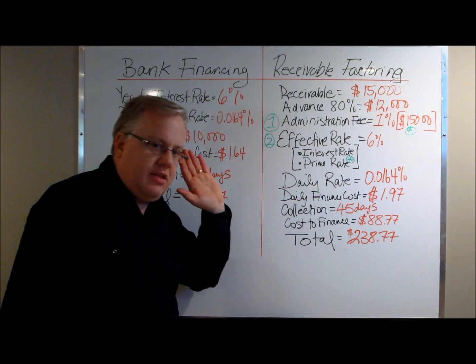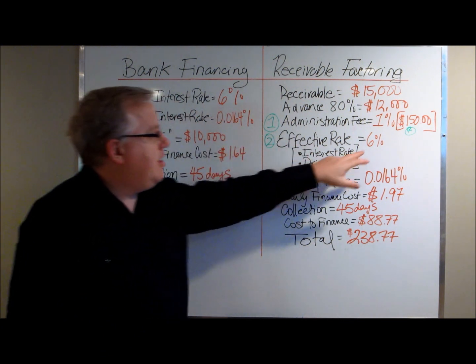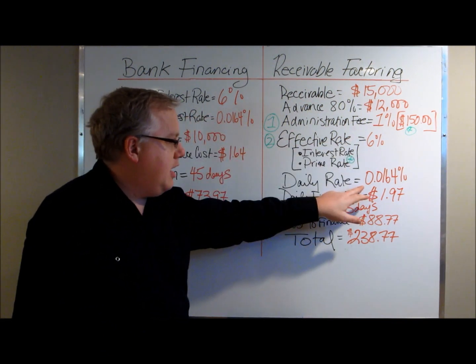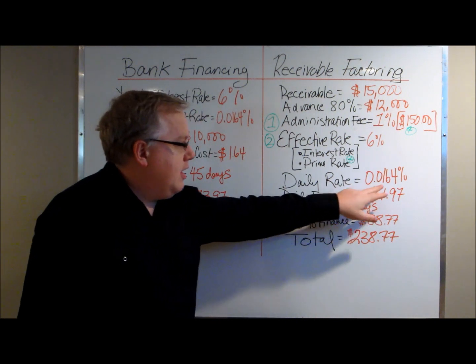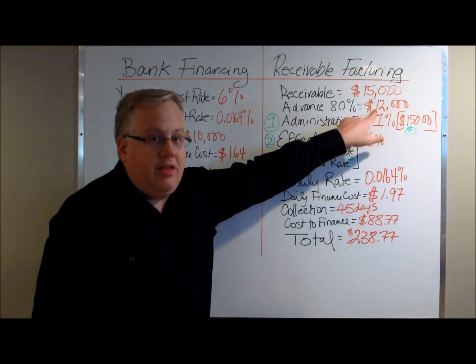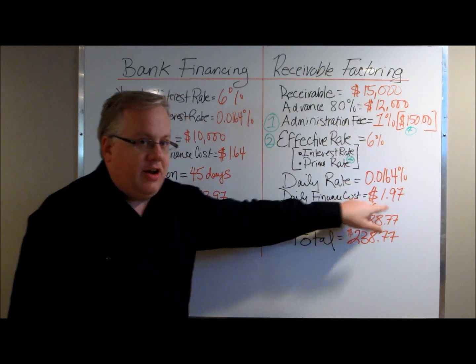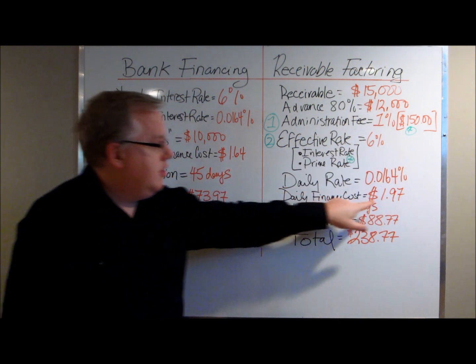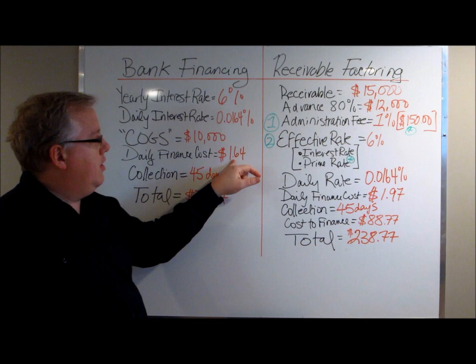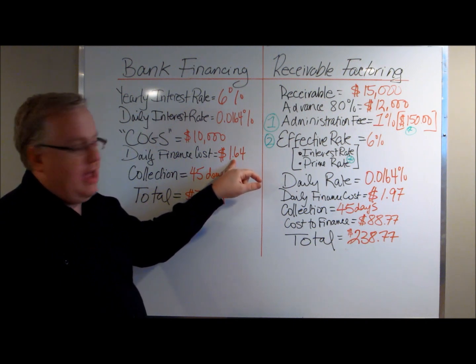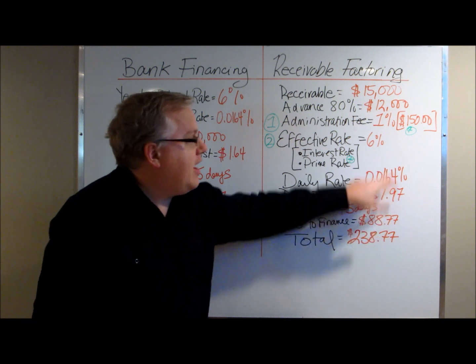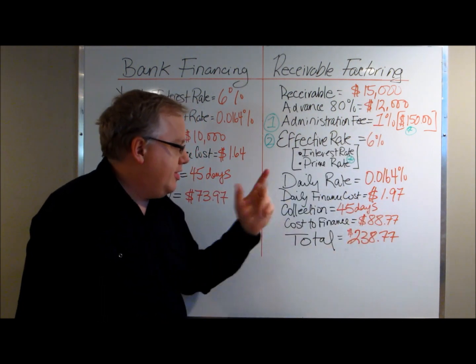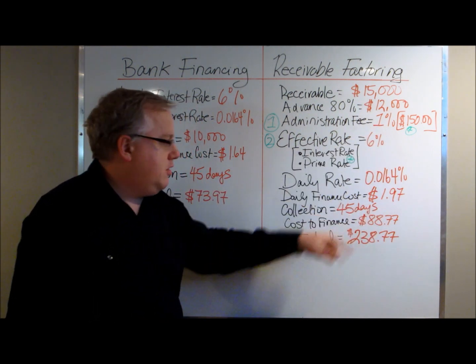We're just going to take the same assumption of 6%. Again, the daily rate is right here. Our daily financing cost is this percent multiplied by the advance we get, which is $1.97. That accounts for the difference in the financing: with the bank we're financing against COGS at $1.64, but with receivables factoring we're financing against the advance, which is $1.97. Again, 45 days to collect on the invoice.